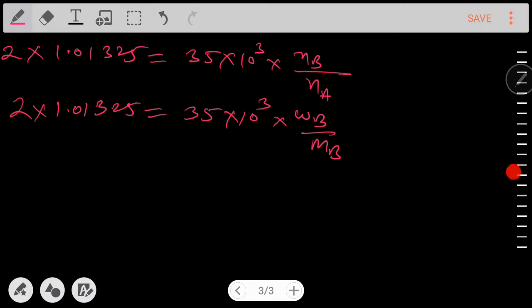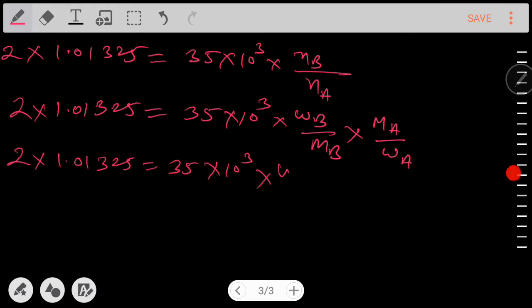As NA is in the denominator, so it becomes MA upon WA. Now put the values of MB, MA and WA which are given in the question. WB we have to calculate.